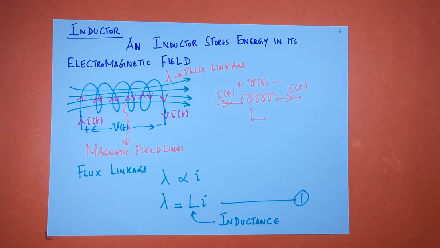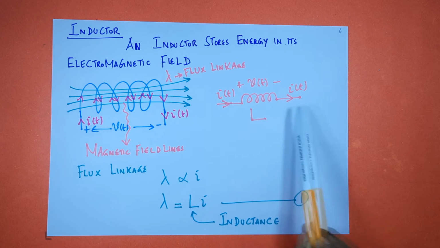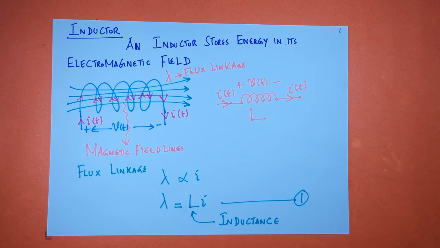Both are the same. Modern usage is lambda for flux linkage. And L is the symbol for inductance. v of t is the applied voltage. i of t is the current through the inductor. Okay.